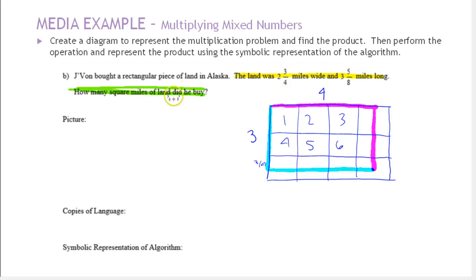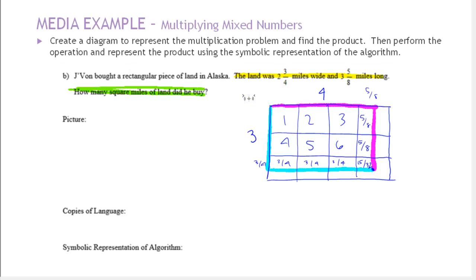This little piece for 2 3/4. So that's 1, 2, 3/4. So these are 3/4. Okay, these here, this was 5/8 by 1, so these would be 5/8. And this little piece would be 3/4 by 5/8, which is 15/32.